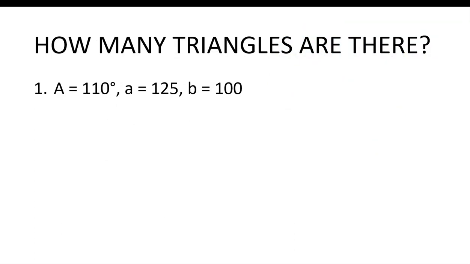All right, step one, we know it's obtuse, and we know that A is greater than B. Just by the chart that we did before, we know that this answer has one triangle. Okay, let's try another one.